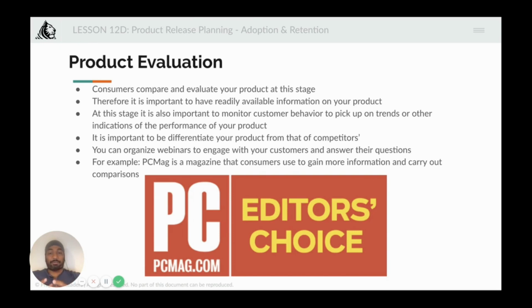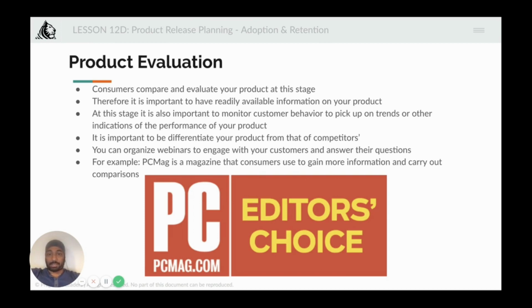So it's very important to have readily available information on your product. It's important that you are available for your product when the consumers need their access. It's very important that you have instrumented analytics and all sort of other tools, so that you can monitor customer behavior. How exactly are they using the product? Now, depending on the product, whether it's a mobile app or it's a hardware product, this might be purely technical, purely software driven, or it might require you to be there and observe what the customer is doing.